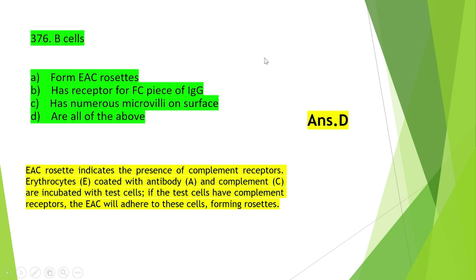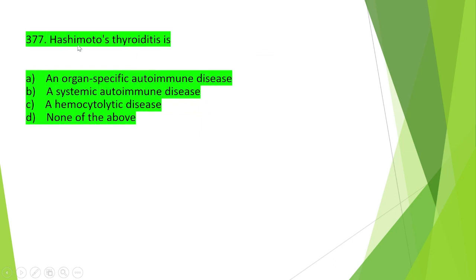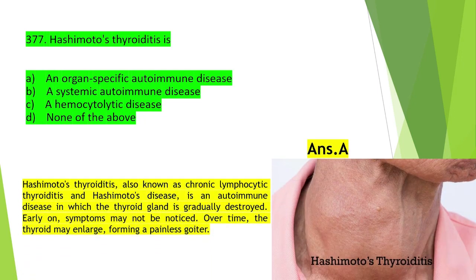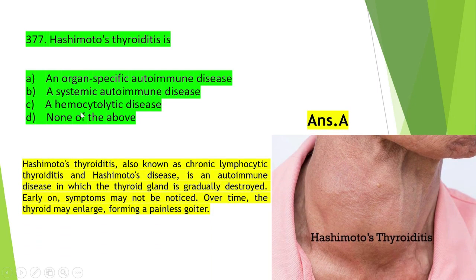Move on to the next question, that is, Hashimoto's thyroiditis is an organ-specific autoimmune disease, or a systemic autoimmune disease, or a hemocytolytic disease, or none of the above, and the right answer is option A. So Hashimoto's thyroiditis is an organ-specific autoimmune disease.